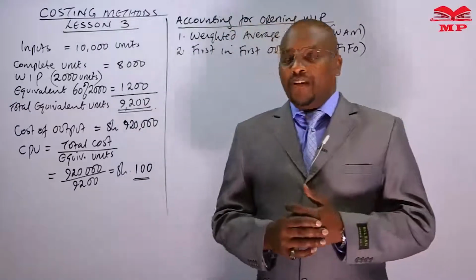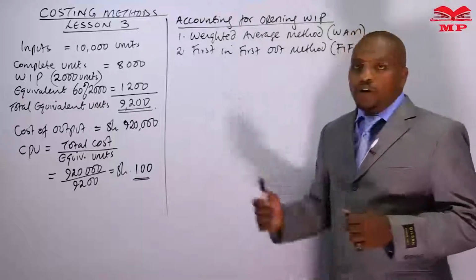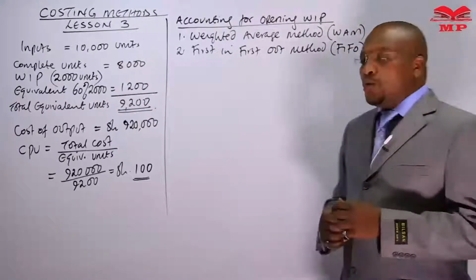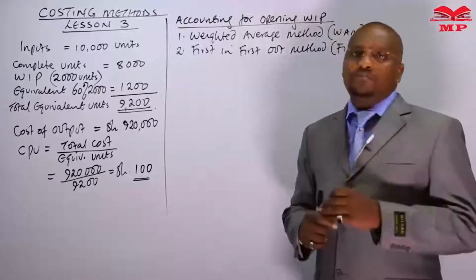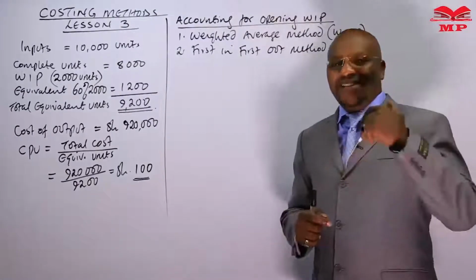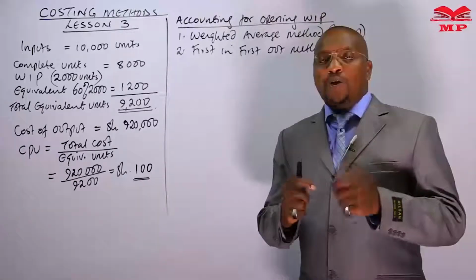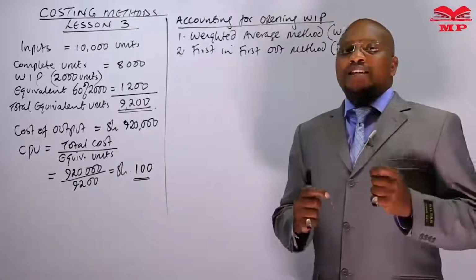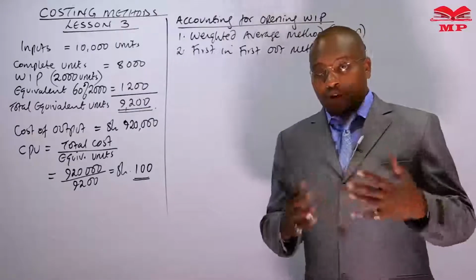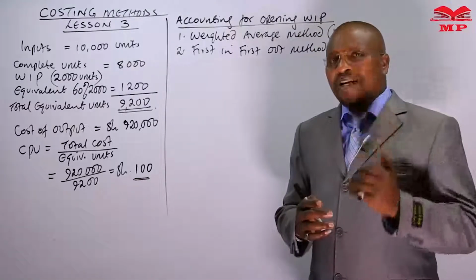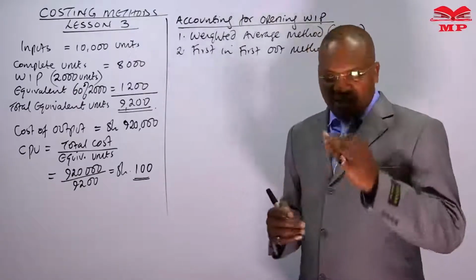When we talk of first in, first out, we are giving full identity to the units that we found halfway completed in this process, which we call the opening work in progress. We complete them first, before we start the other units from zero.